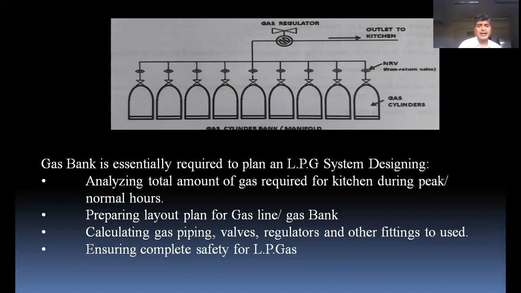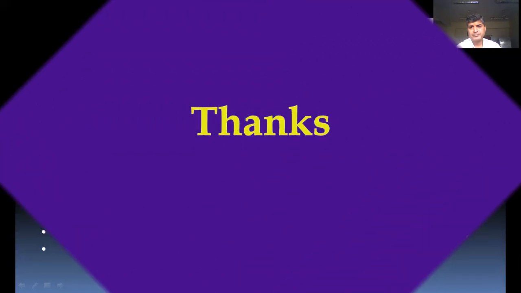And at the end we discussed the gas manifold. I hope all the topics are clear, and I request all of you to maintain notes so that in the next class, if you find any problem, we will have a thorough discussion on the topic.